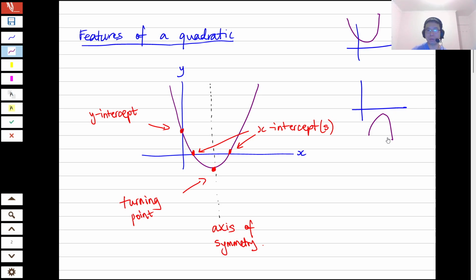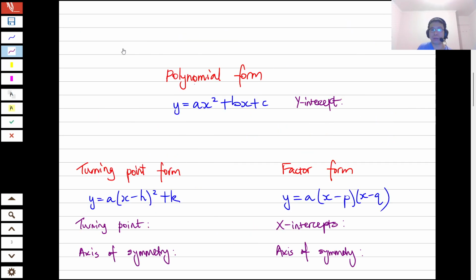All right, so we've got a qualitative picture of what a parabola looks like and the features. But now we want to describe these using an equation. And you've met three different kinds of equations to describe quadratic graphs. The first one is polynomial form, ax squared plus bx plus c. It's the one that everyone meets for the first time, and it's the least useful one.